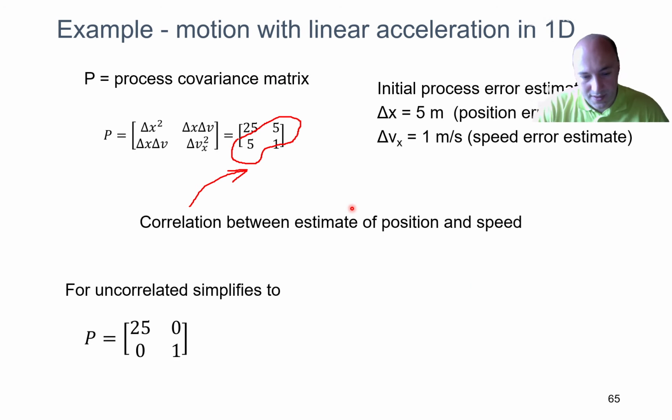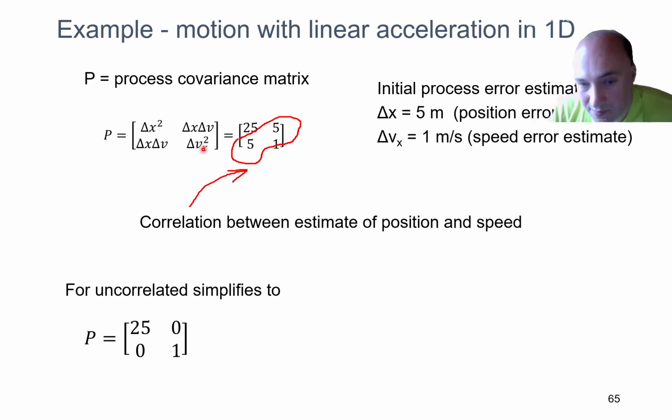Now about the process covariance matrix. The process covariance matrix tells me what error I estimate in my calculation, and it's a covariance matrix. On the diagonal, it will have the variances of my variables, and here it will have the covariances. So here the delta x squared and delta v squared will be the variance of my error in position, and this would be the variance in my speed.